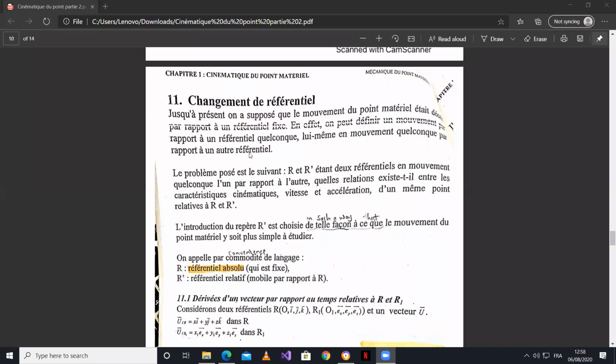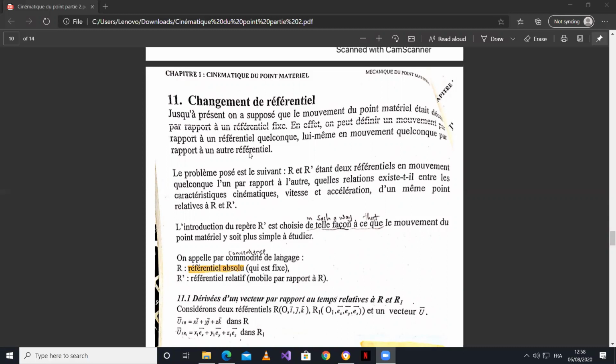And then it goes on to say, le problème posé est le suivant. R et R' étant deux référentiels en mouvement quelconque l'un par rapport à l'autre, quelle relation existe-t-il entre les caractéristiques cinématiques, vitesse et accélération, d'un même point relatif à R et R'? So now this is what we are going to work out.